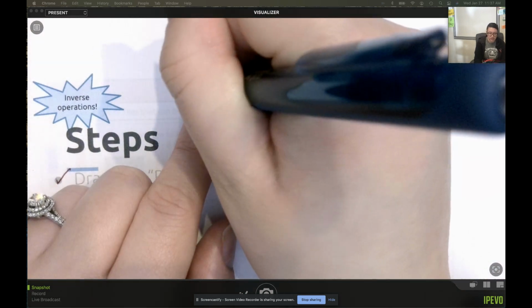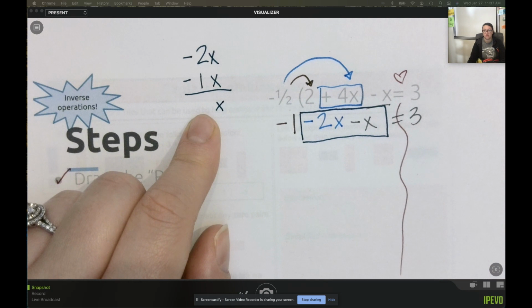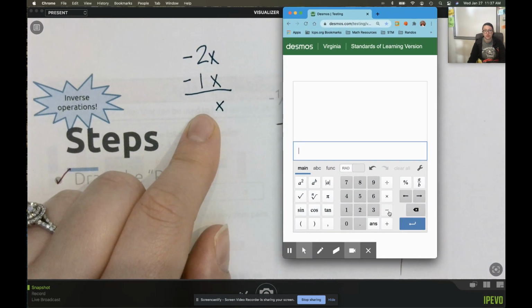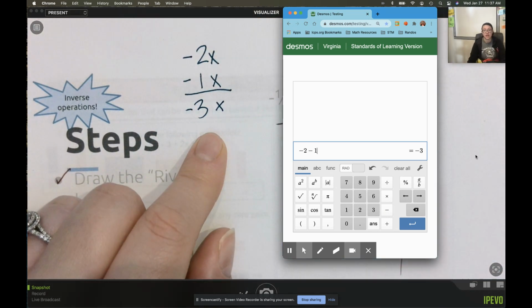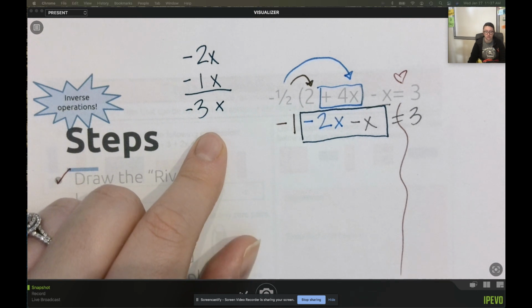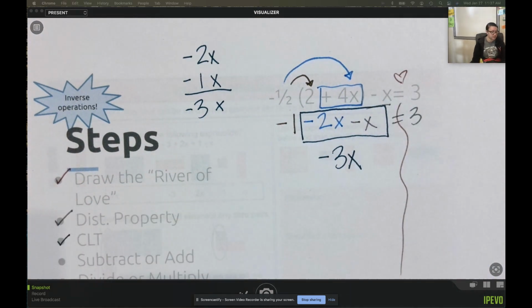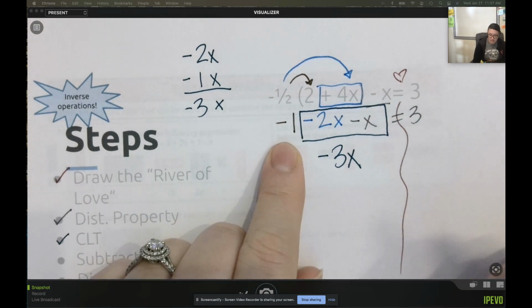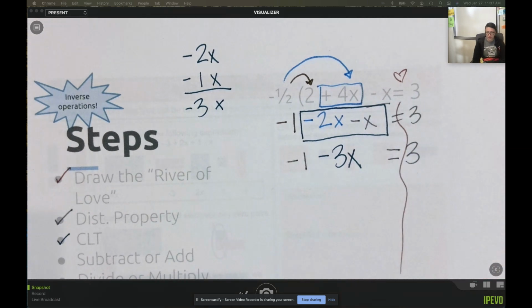We have that imaginary 1, remember? So I keep my x. Negative 2 minus 1 gives me a negative 3. So now I have a negative 3x for those terms that I just combined. And then I need to make sure I'm keeping this minus 1 out front and that this all equals 3.